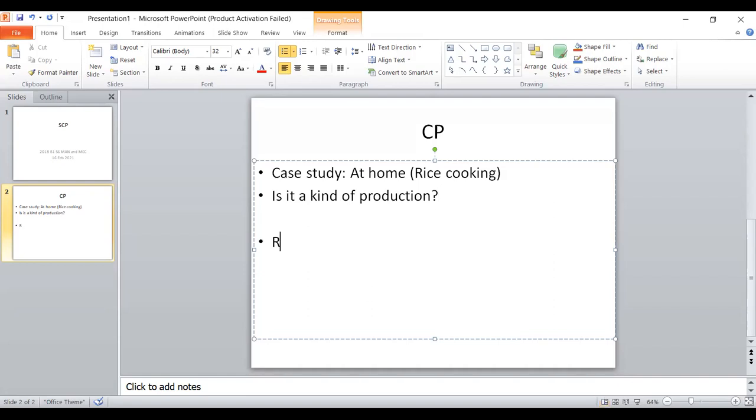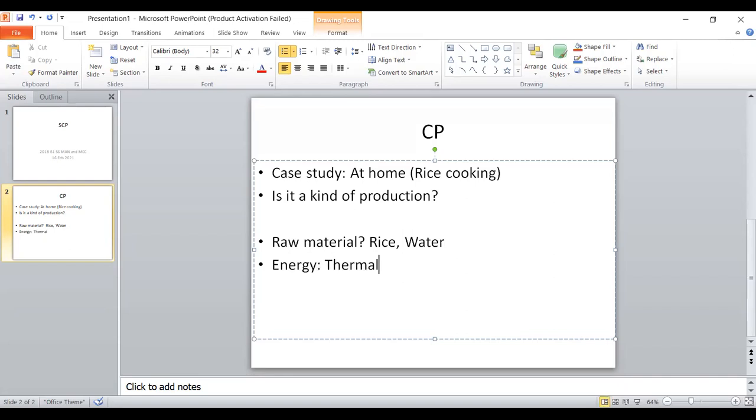Is there raw material? Yes. Rice. Even energy? Yes.